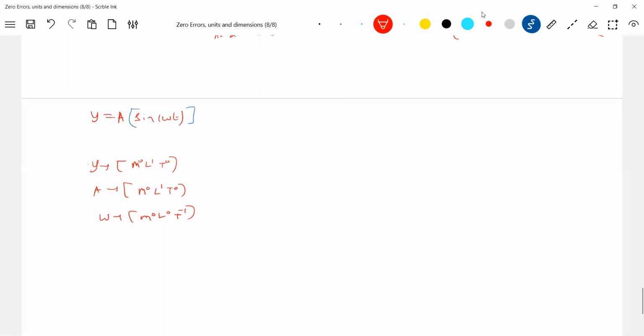So one more thing, I'll go for it. This is the van der Waals equation, which everyone is familiar with. How do we proceed here?